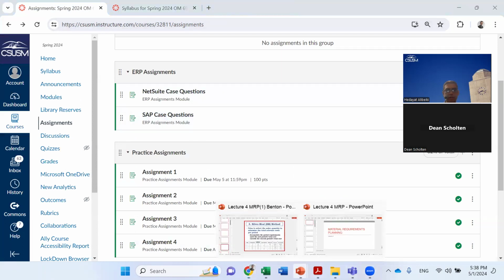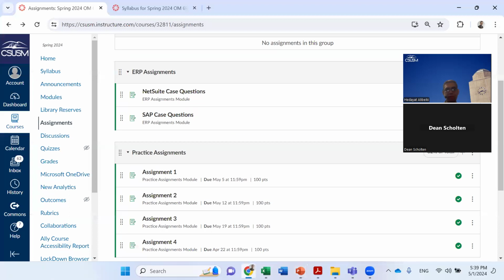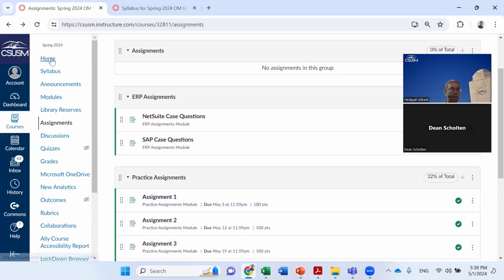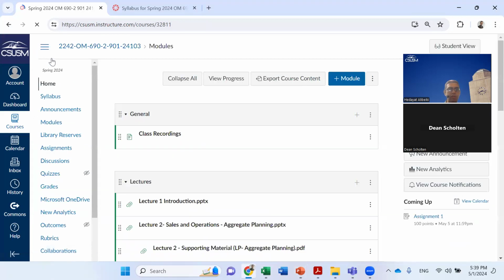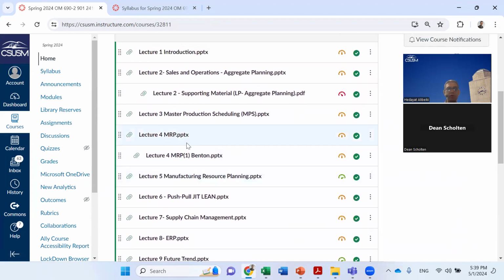We're going to do MRP, and I want to start from this one. I gave you 2 slides. These are actually coming from different textbooks. I want to start from this one, and then we go through Benton. The main addition here is additional lot sizing techniques.